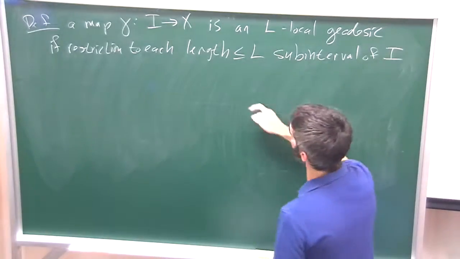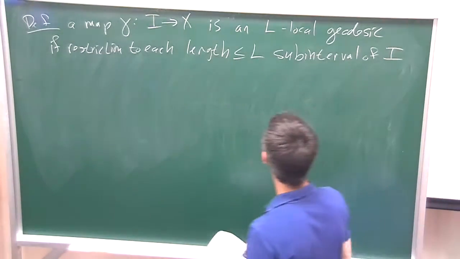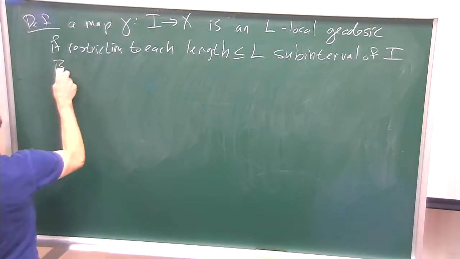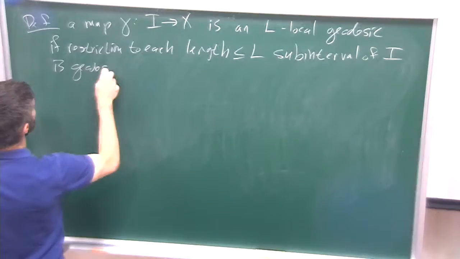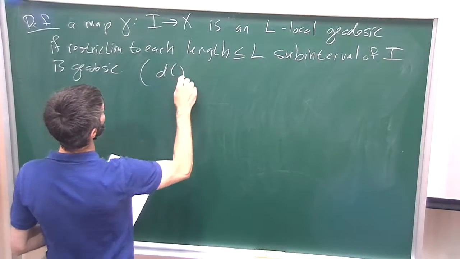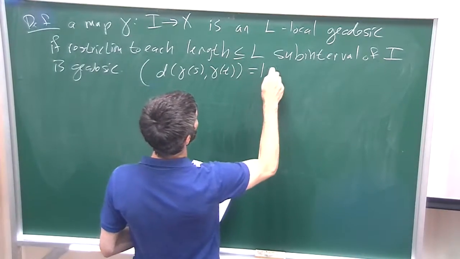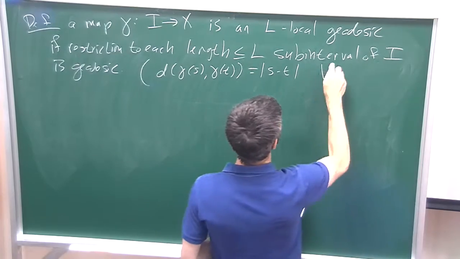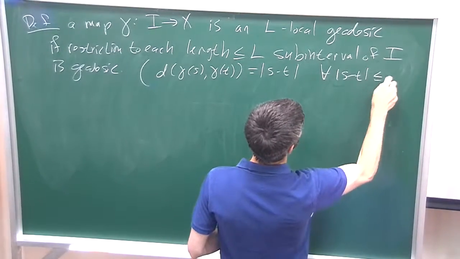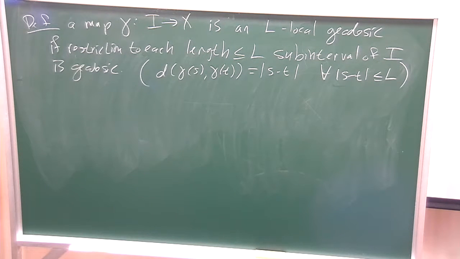I guess I didn't say I is, as usual, an interval in R. Another way to say that is just the distance from gamma(s) to gamma(t) should be equal to |s minus t| whenever |s minus t| is at most L. Whenever I pick two points that are within L of each other, then I want that to be actually the right distance in the space. So that's an L local geodesic.